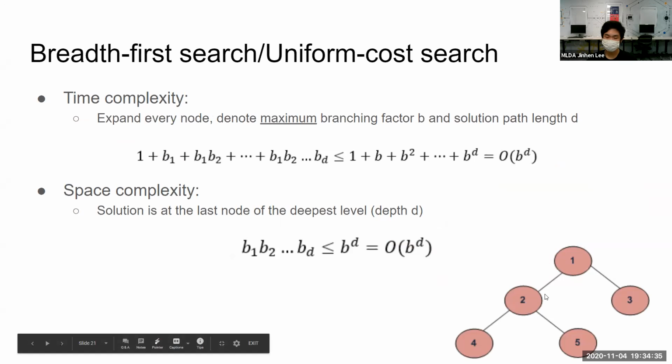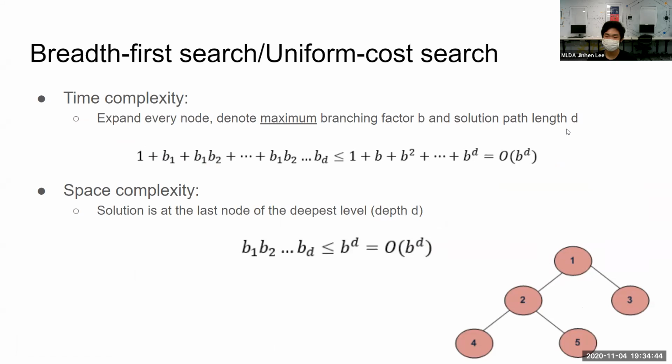And every node in the second layer, you will assume that they will branch into another B2 nodes. So this makes B1 times B2. So if your solution path length is D, and you're going down all the way until the last node, which is the last layer, you add all the way until this B sub D. And if you denote the maximum branching factor by B, then this expression here is less than this thing.